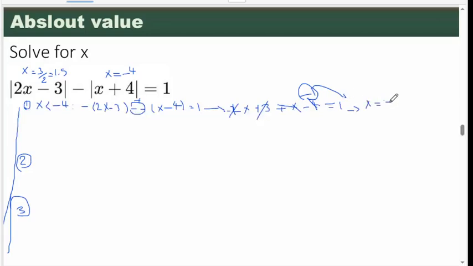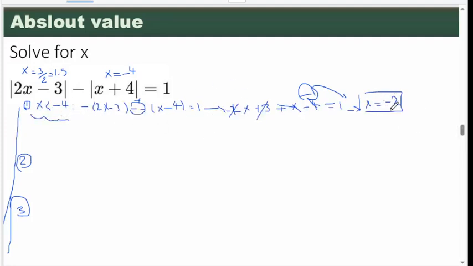I find x equals negative 2, but my interval says I only assume x less than negative 4 to write this expression.